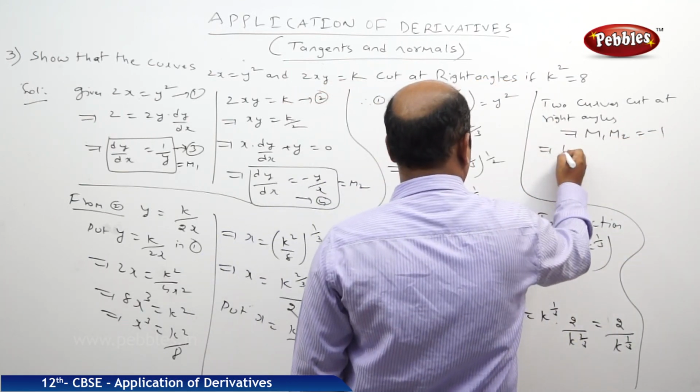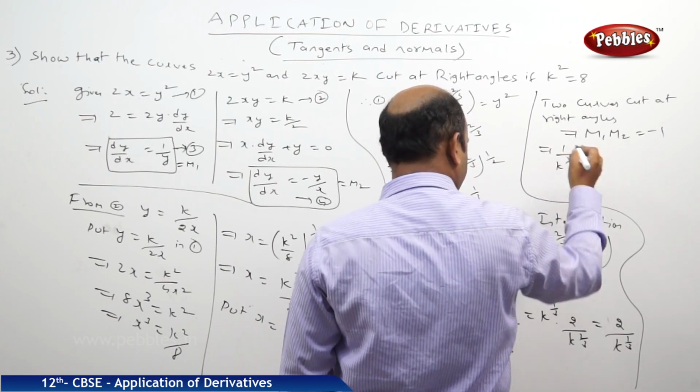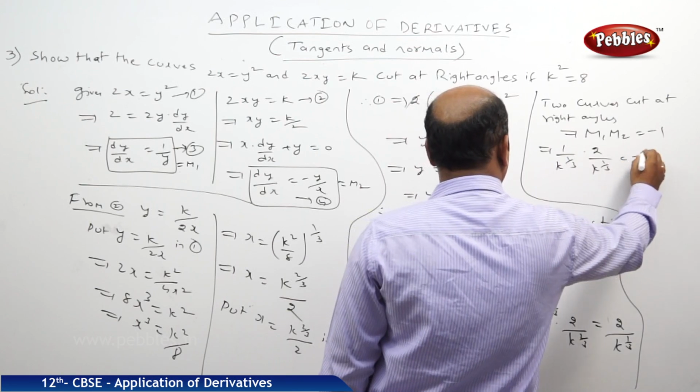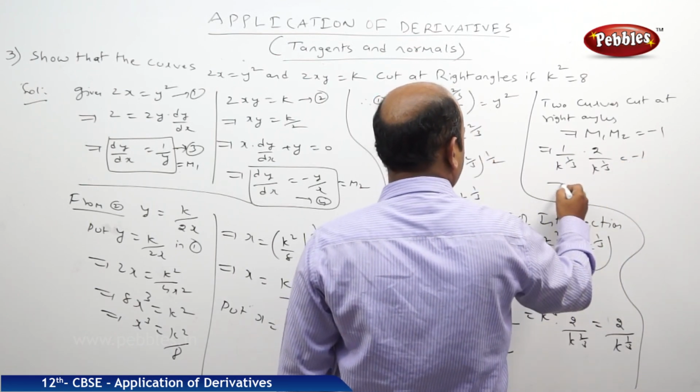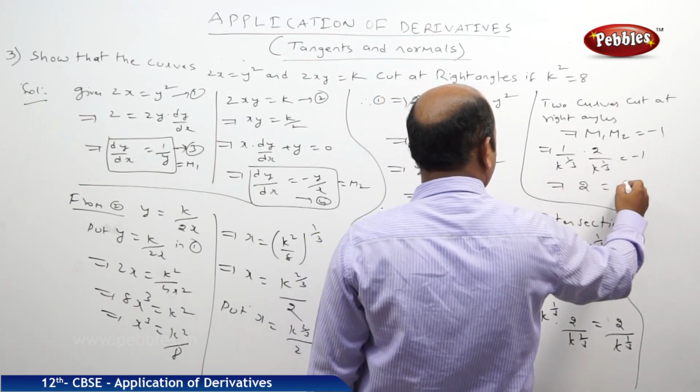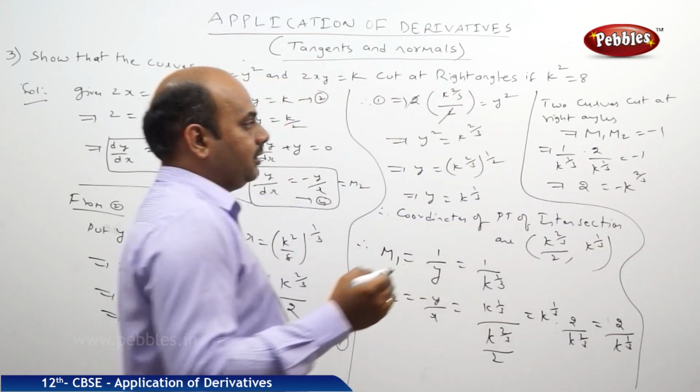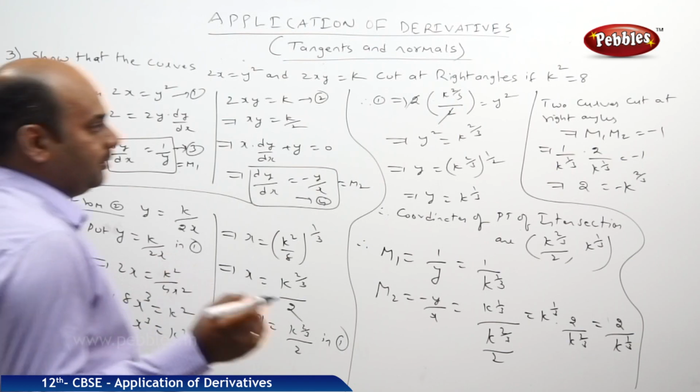So 1 by k power 1 by 3 into 2 upon k power 1 by 3 is equal to minus 1. That means 2 is equal to minus k power 2 by 3, because 1 by 3 plus 1 by 3 is 2 by 3.